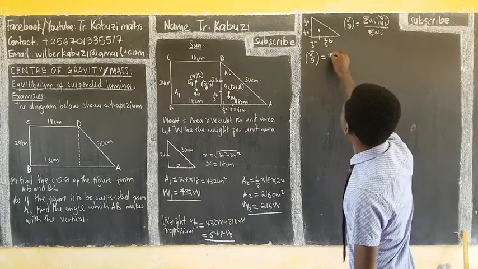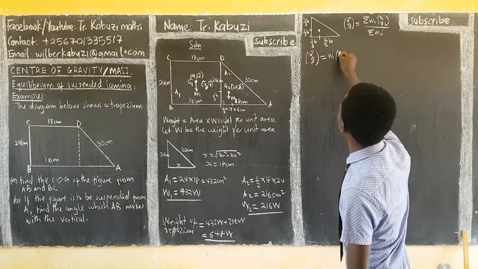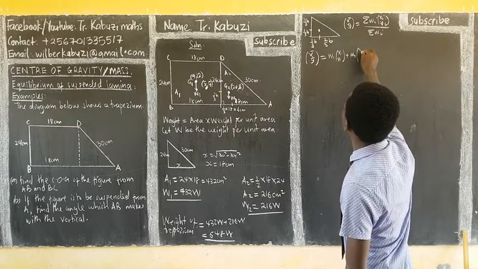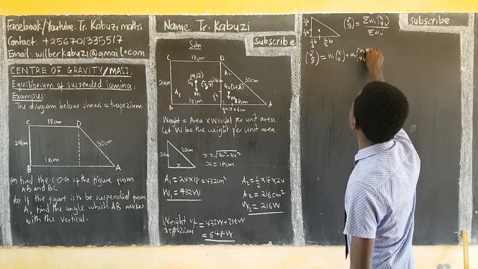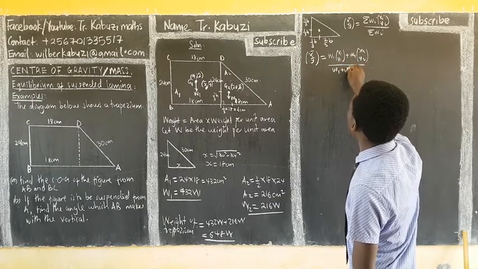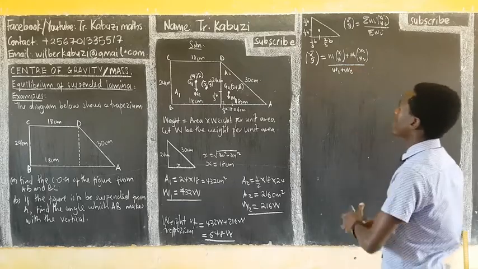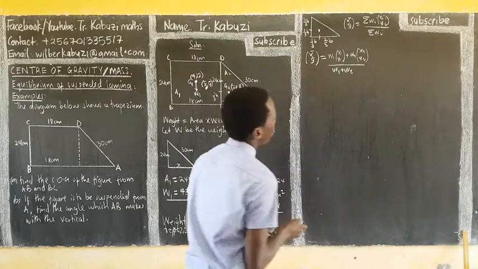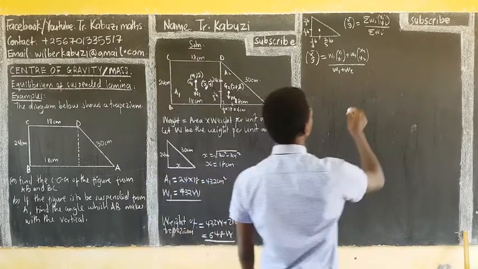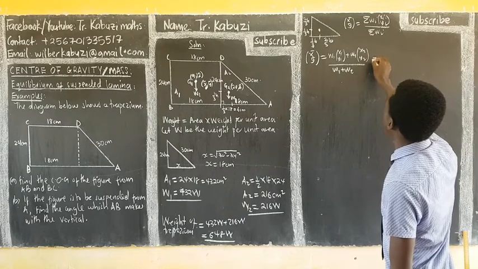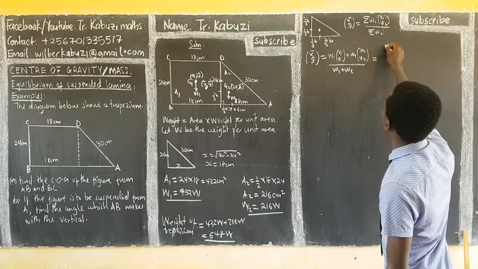If I expand this, it is W1 x1, y1 plus W2 x2, y2, the whole over W1 plus W2. Now this one will give me the center of gravity. So if I substitute into that formula, let us substitute.